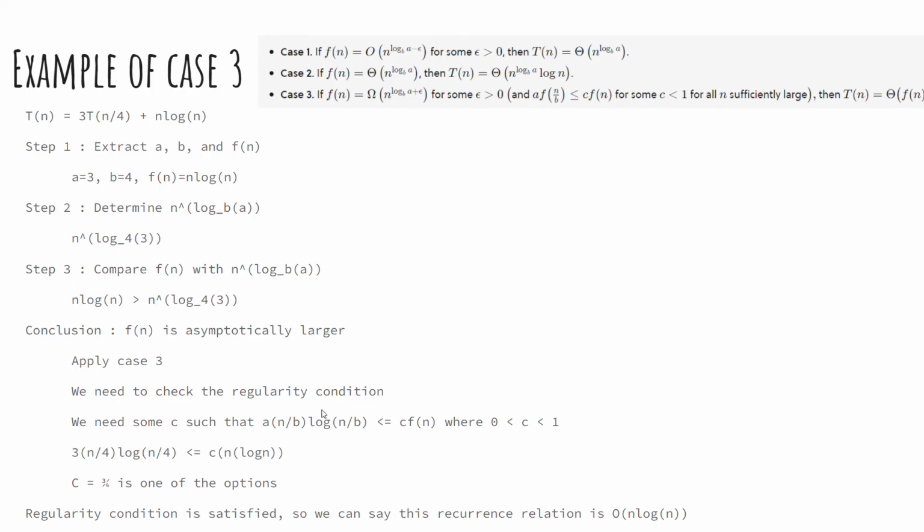We substituted f of n equals n log n, and then we found a times n over b multiplied by log of n over b. This condition holds true for c equals 3/4 or any c greater than or equal to 3/4. So we are also satisfying the second condition, which implies that the regularity condition is also satisfied. So we can say that this recurrence relation's time complexity is big O of n log n.